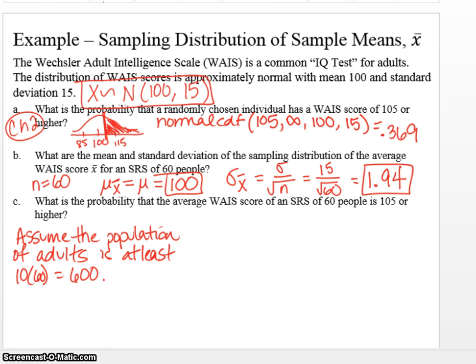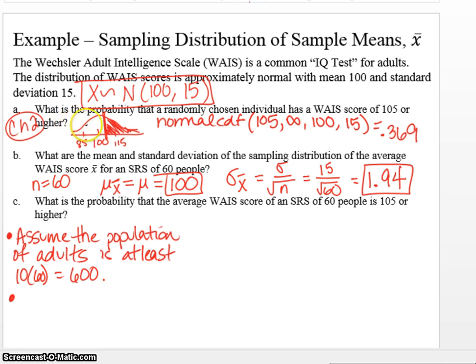And for part C, we need to say that the sampling distribution is approximately normal. Why is that? Okay, so this first one, population is at least 10 times the sample. That's so we can use the standard deviation.